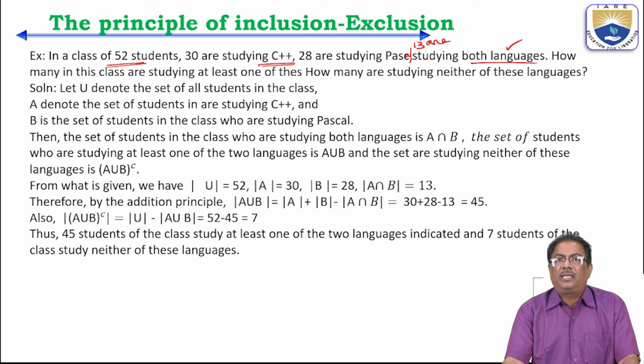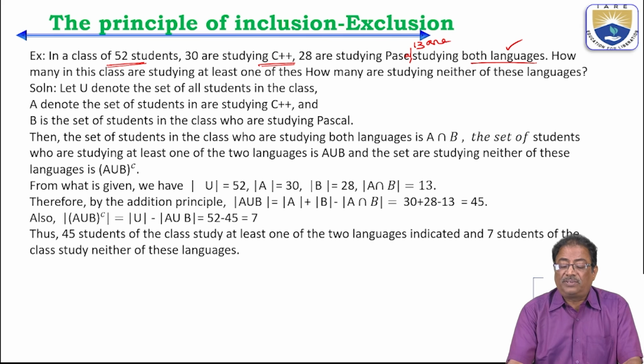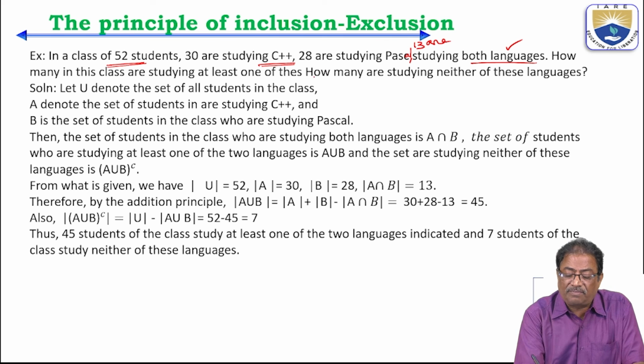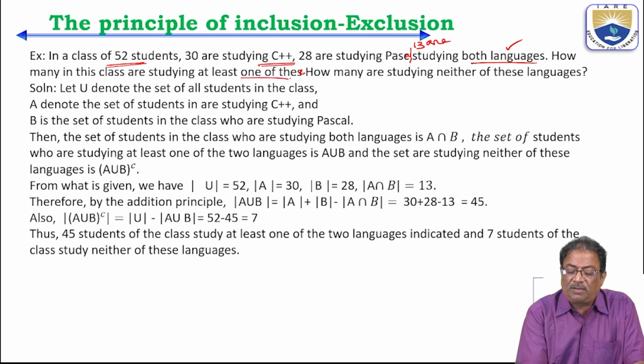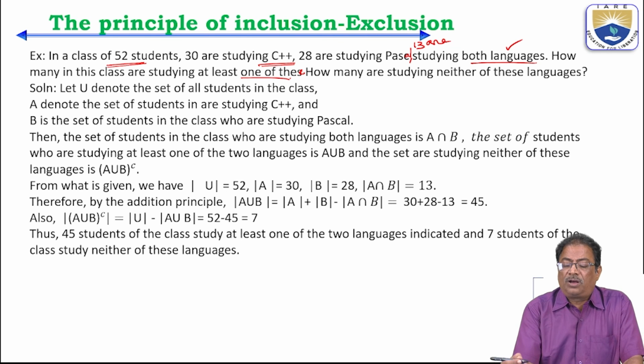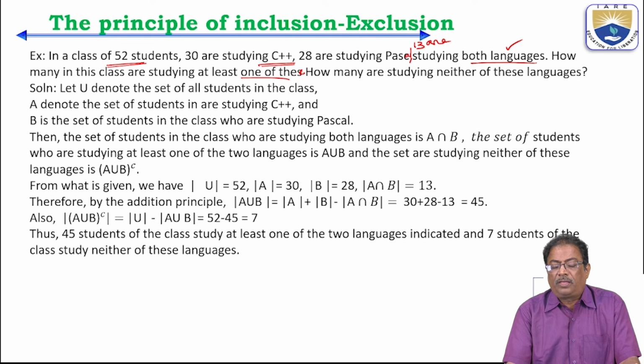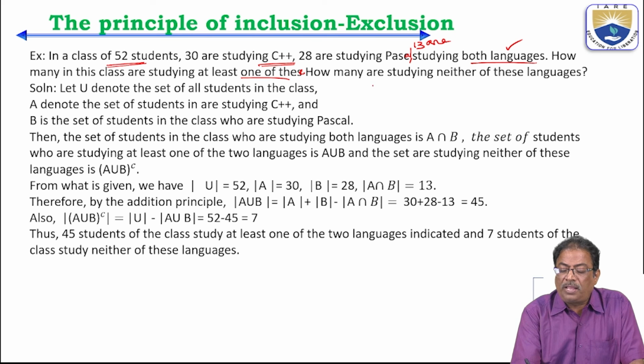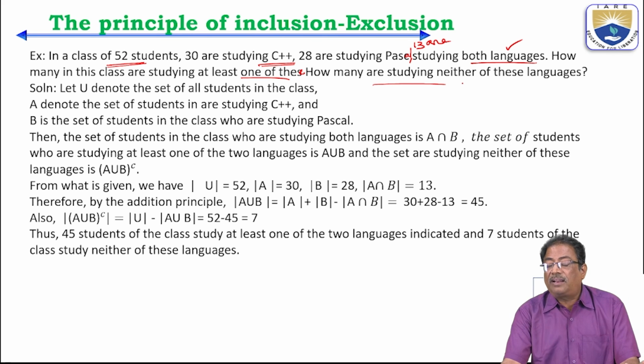How many in this class are studying at least one of these languages? At least one of these languages means either C++ or Pascal. How many of these are studying neither of these two languages?